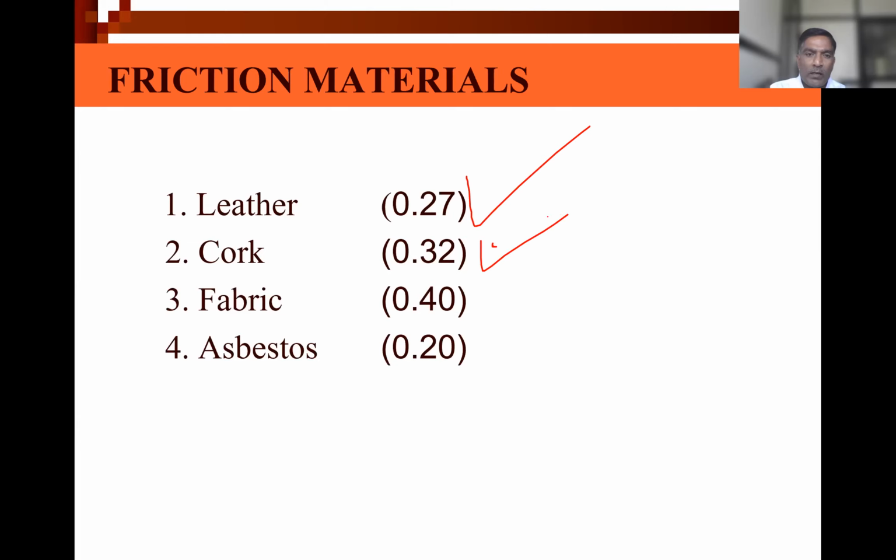Another material, cork, has coefficient of friction 0.32. Then fabric, coefficient of friction 0.40, and asbestos, coefficient of friction 0.20. So this may be asked for the MCQ.